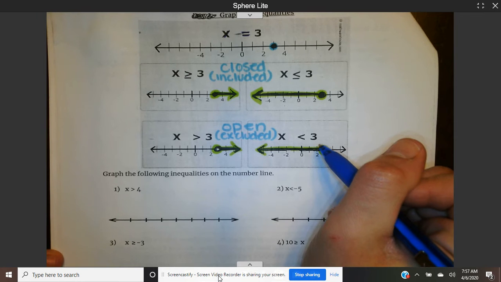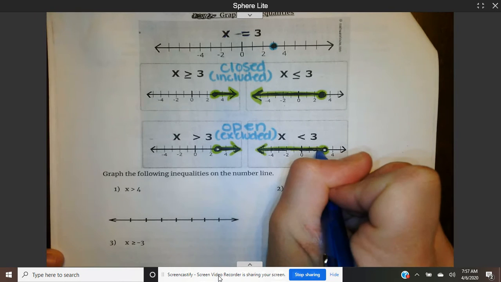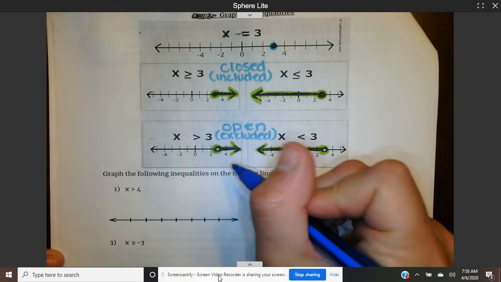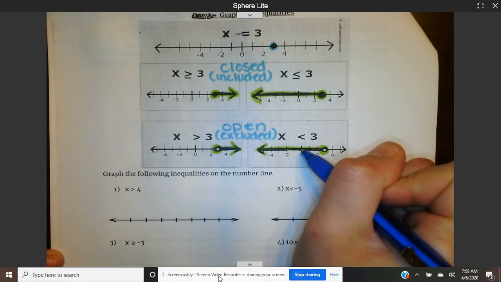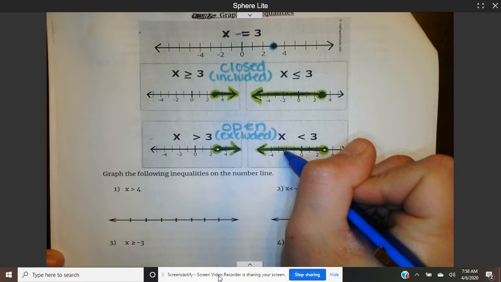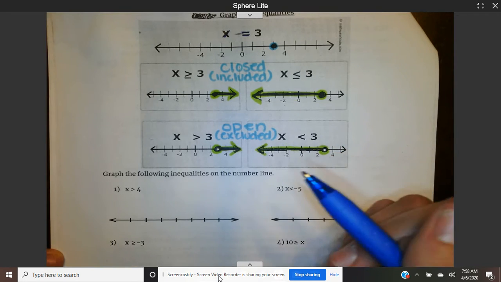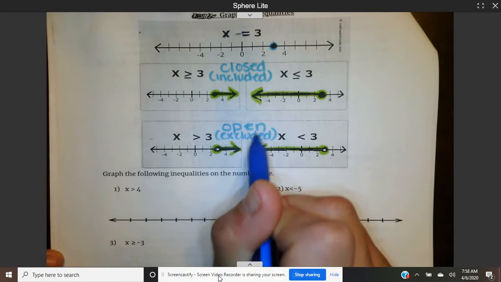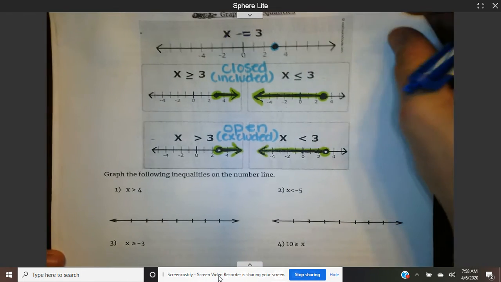So 3 is not included, so it's excluded. And then it's going to point to the negative side. So it could be 0, it could be -2.5, it could be anything less than 3, but it cannot be exactly 3. Okay, and so these are both open dots. So pay attention to that.